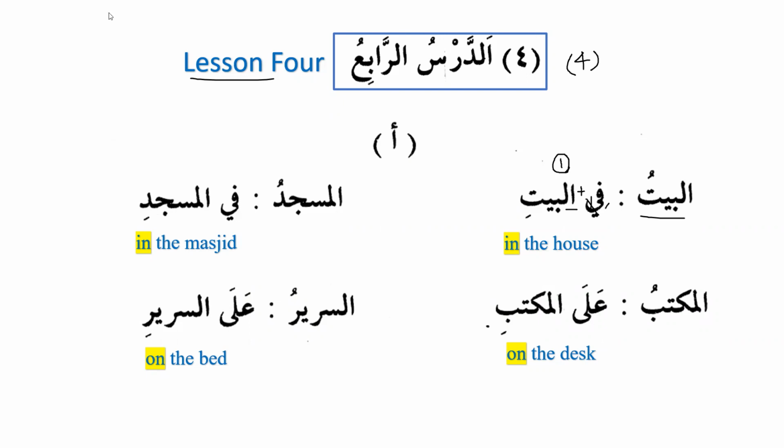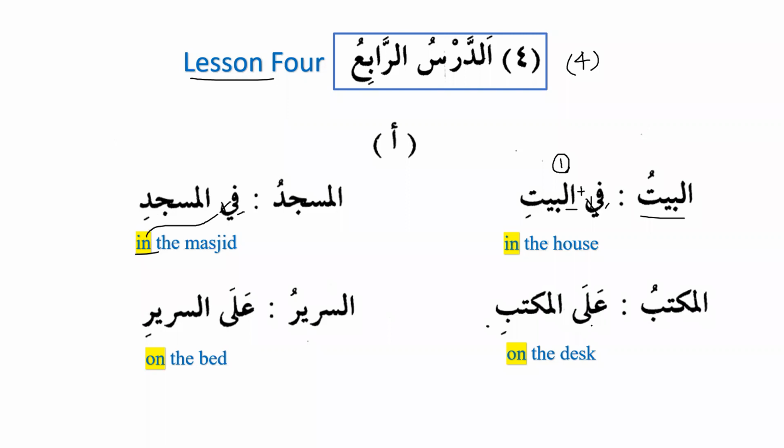Similarly, we have al-masjidu, the masjid. And when you say fi and then al-masjidi, and pronounce it as a complete construction, you will say fil masjidi, in the masjid. So look at this. It's a preposition, and in English it means in, and in Arabic it means fi.